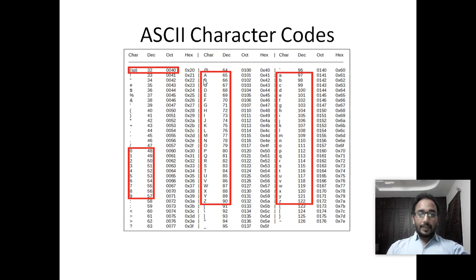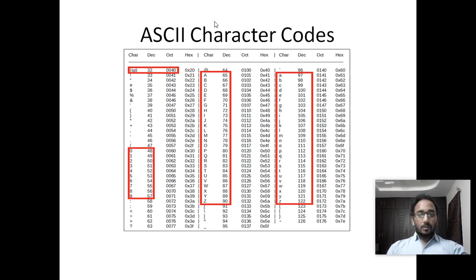The ASCII codes for the number characters are given from 48 to 57, uppercase alphabets are represented from 65 to 90, and lowercase alphabets' ASCII codes start from 97 to 122. The rest of the ASCII codes represent the special characters in a Java program.